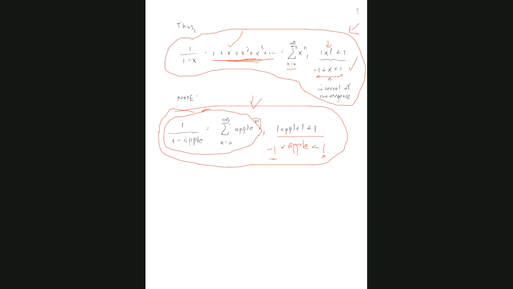And all the problems in section 8.6 are based off of this Apple formula here, which is why you don't need to worry about testing the endpoints. Okay, and therefore, for this particular problem, we can say the interval of convergence is between -2 and 2, and we don't need to check any further.